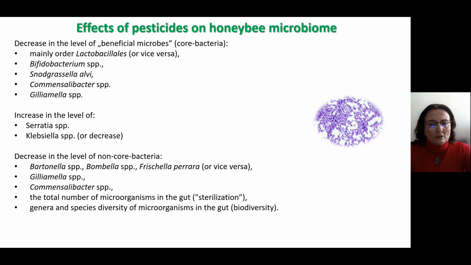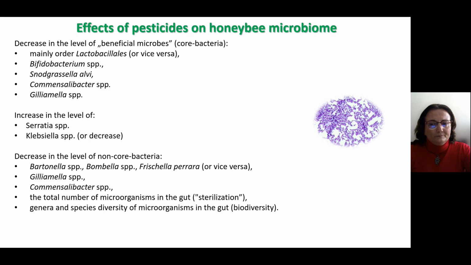While the symptoms of bee poisoning with pesticides are better known, their influence on the gut microbiota is less discovered. It was observed that pesticides significantly reduce the level of beneficial bacteria, mainly lactic acid bacteria, although the opposite results were also obtained.